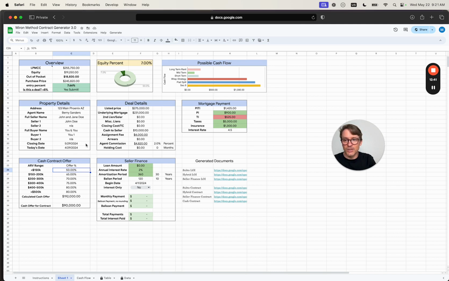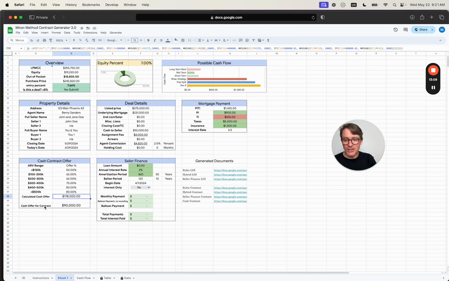Let me see, how does this work? I think this works off purchase price, the listed price. So it's a 275, so it's in this range. The 275 is a listed price. I'm going to offer 65%, so we're going to see this number drop. What I didn't want to do is make people do this.